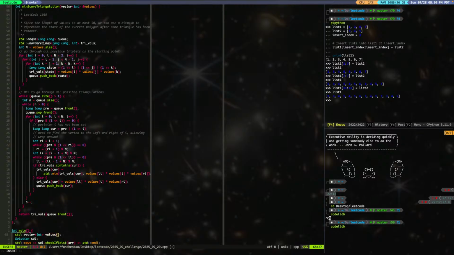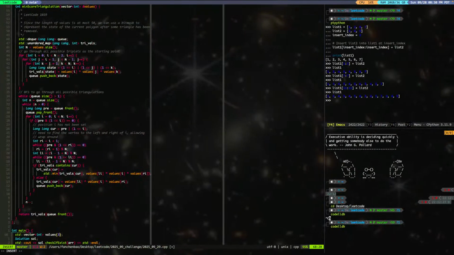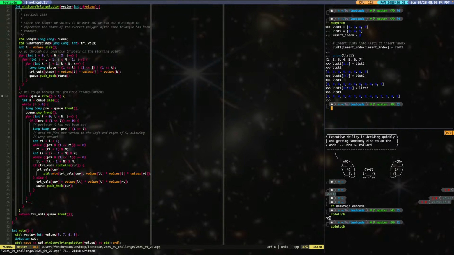Values. What was this? 3745. This is min score triangle values. Looks good, and I will start from here. Twenty 29. Yeah, 29. Click here.